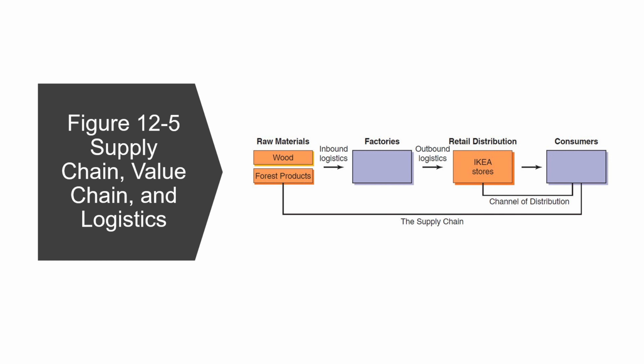Physical distribution and logistics are the means by which products are made available to customers when and where they want them. The most important distribution activities are order processing, warehousing, inventory management, and transportation.